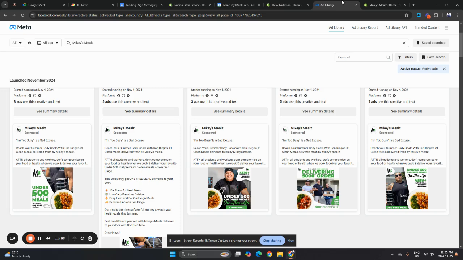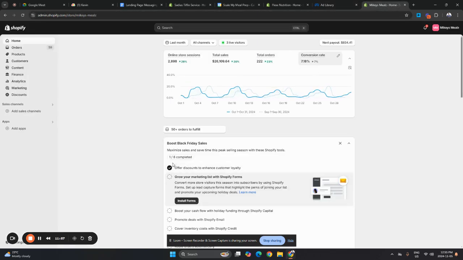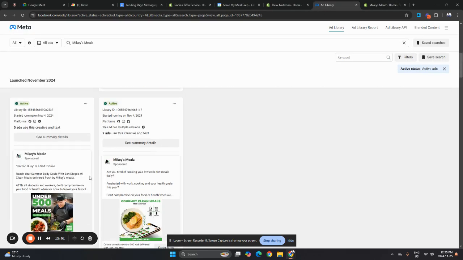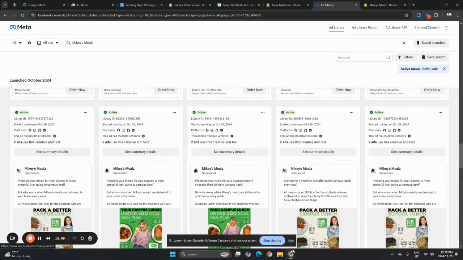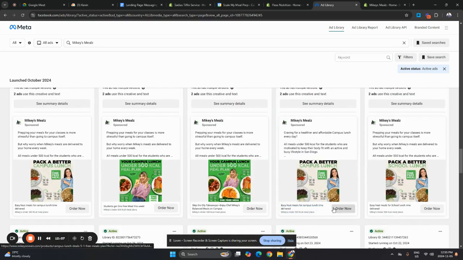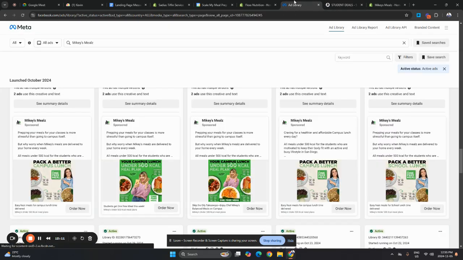Could it work even better? Obviously. Those are all things that we could have done, and this could have been a 7.5% or 8% conversion rate, okay? And then obviously we have probably other angles. Under 500 calories is clearly working the best, but student deals, for example. So for some of our clients, we'll do different marketing angles.